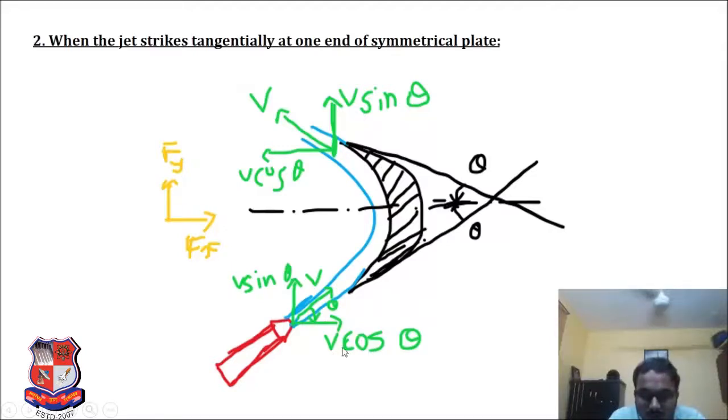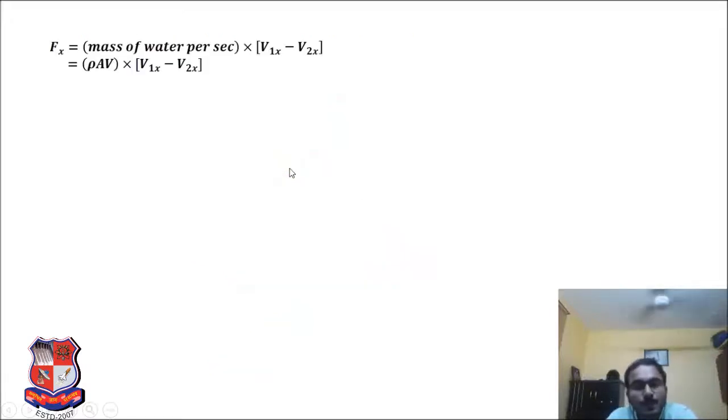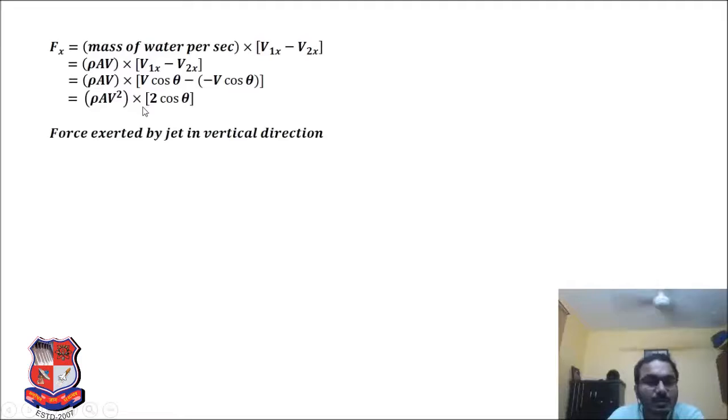So the horizontal component is V cos theta, that is in positive x direction. However, the final component in the horizontal direction is V cos theta but in the negative x direction. So this component will remain positive and this will go negative. That's why here we are finding that the initial component is V cos theta and the final component is minus V cos theta. So it will result in this equation.